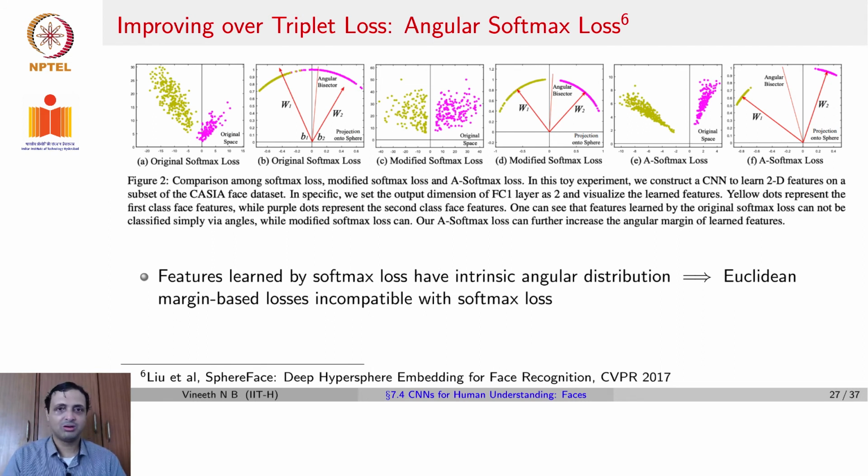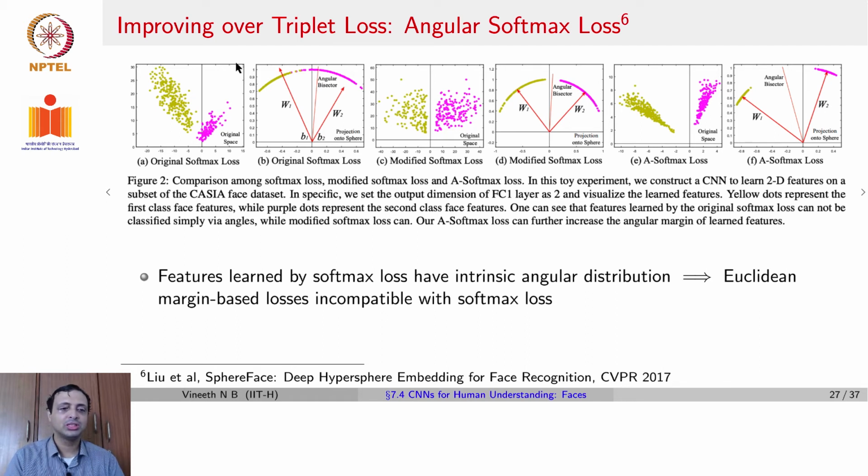Going further over triplet loss, in 2017 there was an approach known as angular softmax loss that intended to improve identification and verification performance with faces. It can also be used for other domains. And these diagrams from the paper illustrate the overall idea.